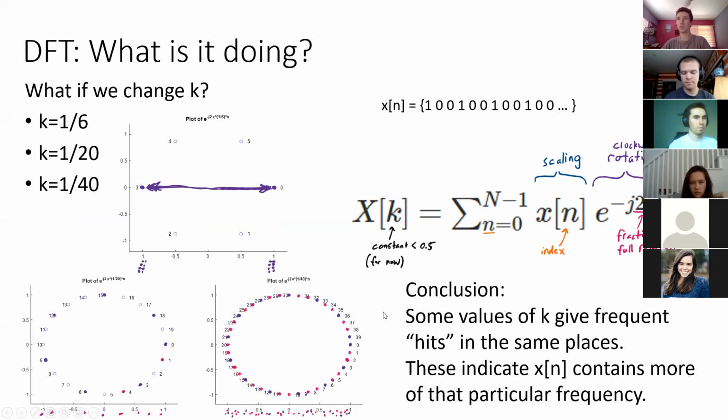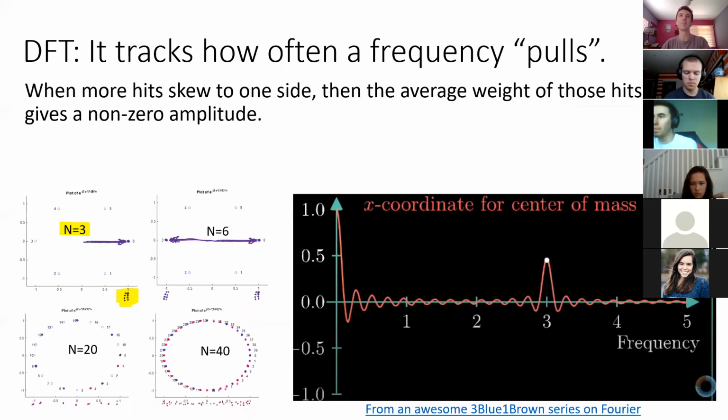So the conclusion is that some values of k will give you these frequent hits that are in the same place. And if you have one place where it's really concentrated, that's going to contain more of that particular frequency. It means that your x of n contains more of that frequency because it's happening at the same point every single time.